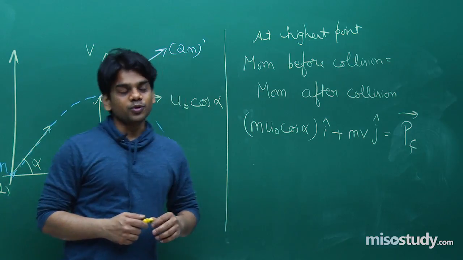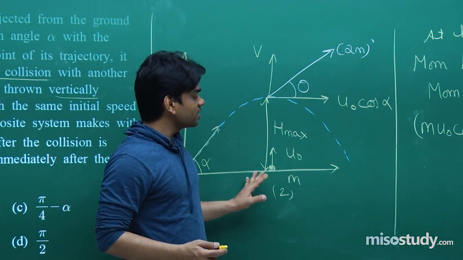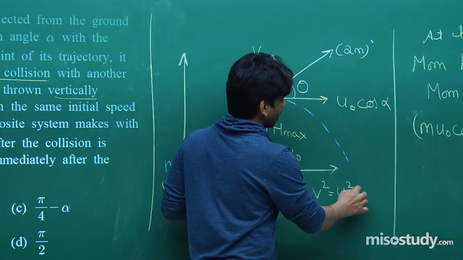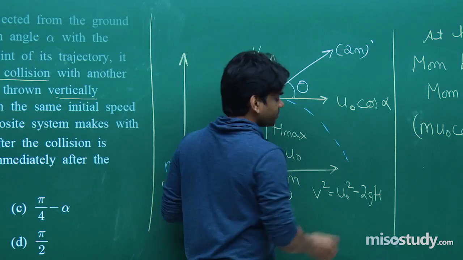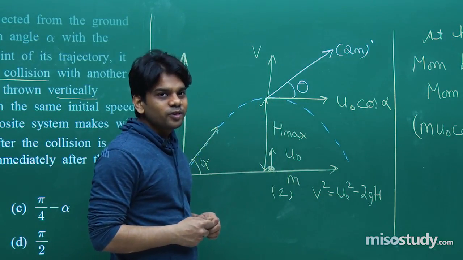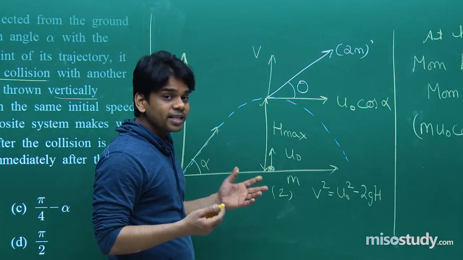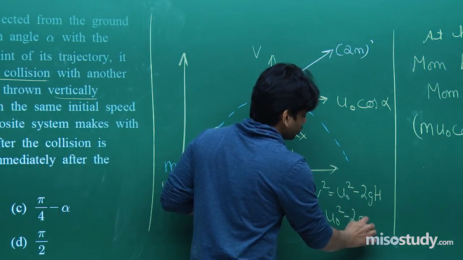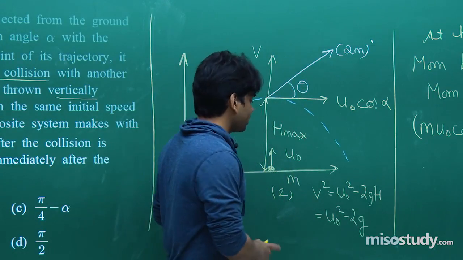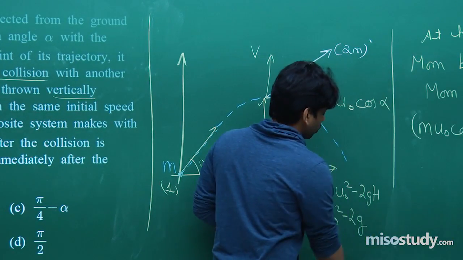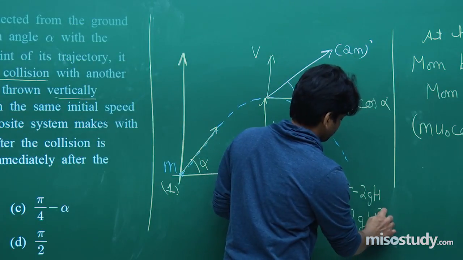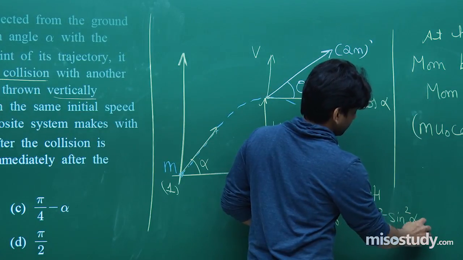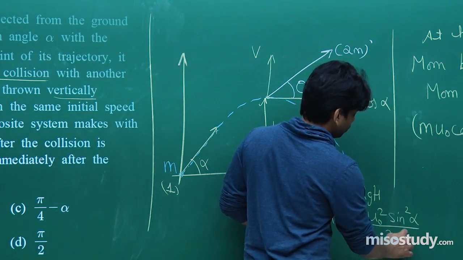You see here it's projected, it travels at height h. So V, if we evaluate here, we can use V square is equal to u naught whole square minus 2gh. The value of maximum height h in this case will be u naught whole square sine square alpha divided by 2g.